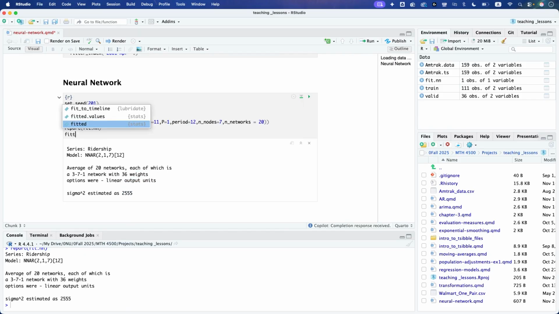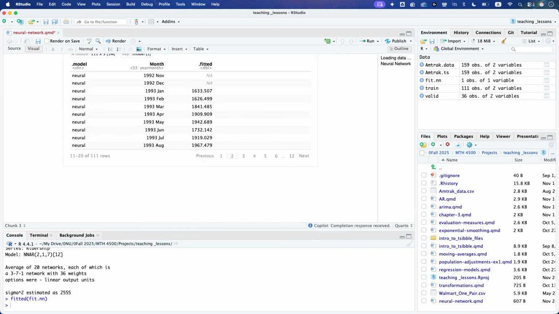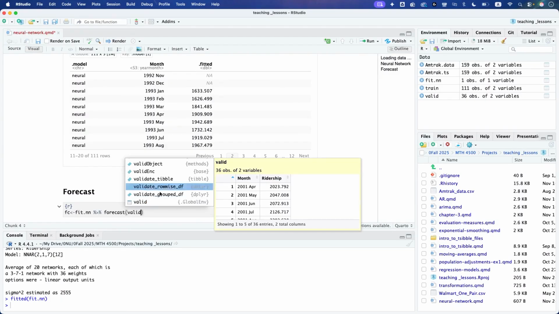And let's look at the fitted values of the data set. The first 12, we don't have them. Then we start getting the fitted values in month number 13 and so on, right? So let's look at the forecast. Because we built the model using the training data, let's forecast: fc.fit, and let's pass it to the validation set.